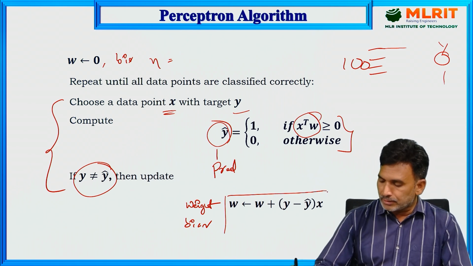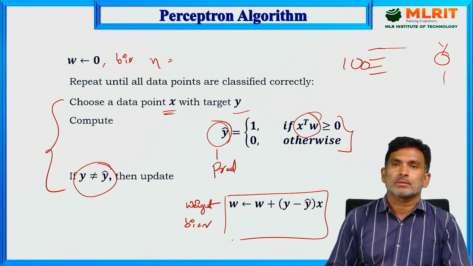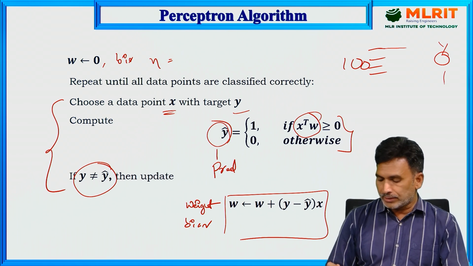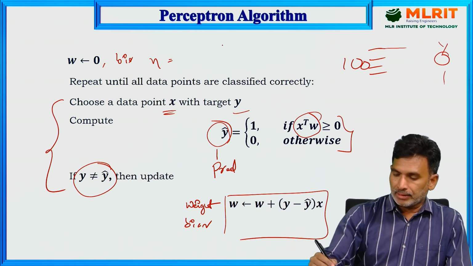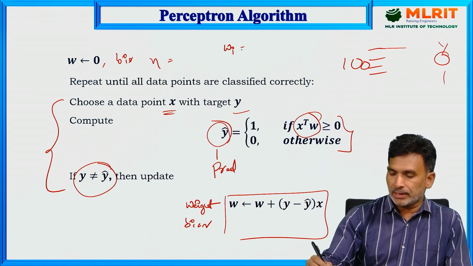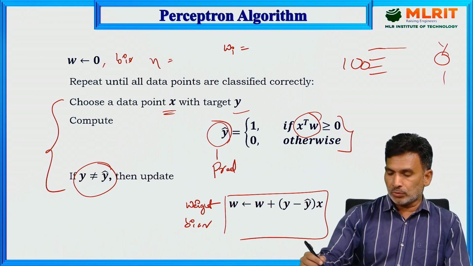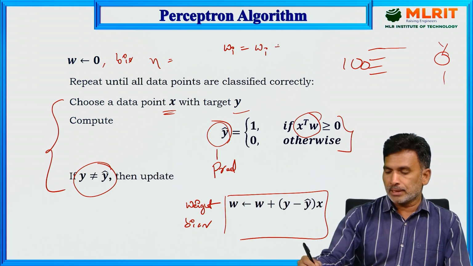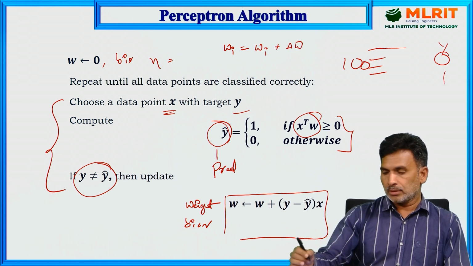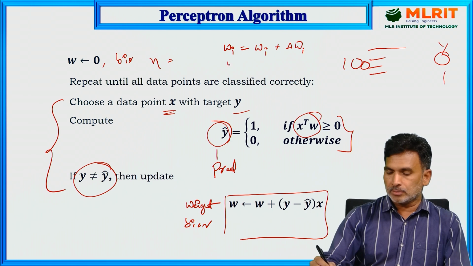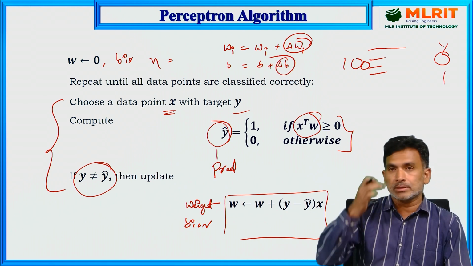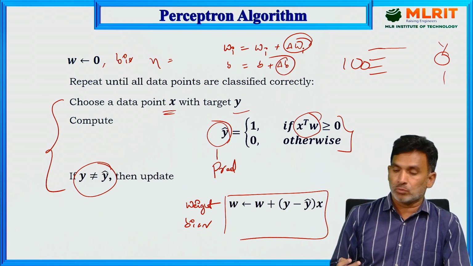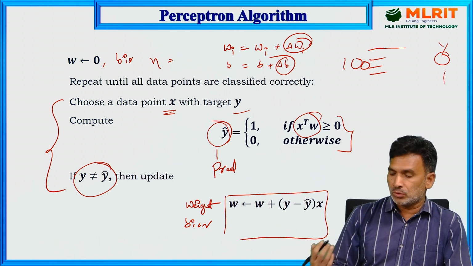If you look at the generalized equations for how the weight and bias are updated: wi is the new wi equal to wi plus delta wi, and similarly the bias is bias plus delta b. And what is this delta? That is what adjustment needs to be done.